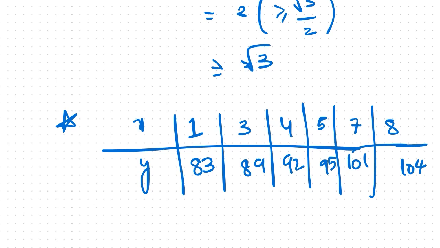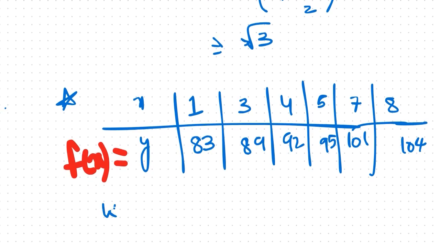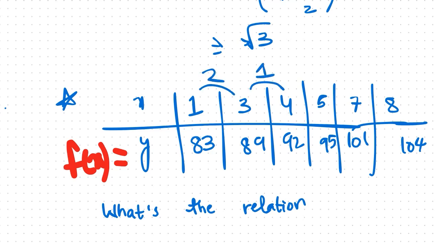What type of relation is f of x? First you have to look at the gaps between the x values. The first gap is 2 and the second is 1, then 2, and then 1 again. So the gaps are not even throughout.